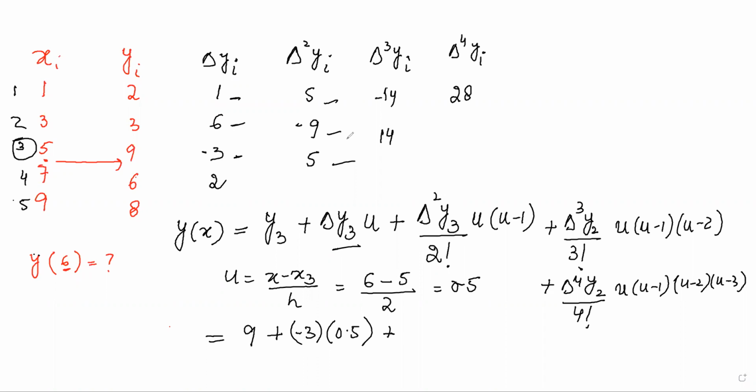This is delta 2 y1, delta 2 y2, delta 2 y3, which is 5, divided by 2 factorial, u that is 0.5 into 0.5 minus 1.